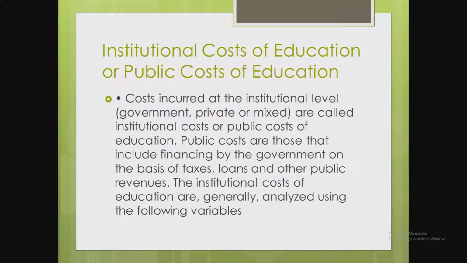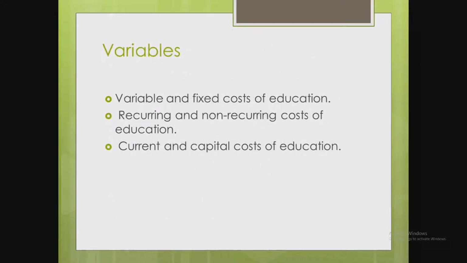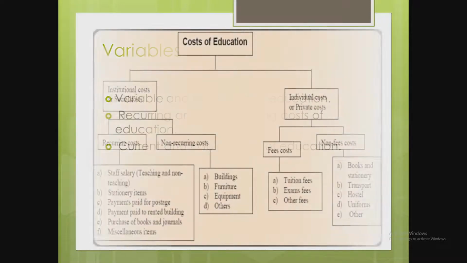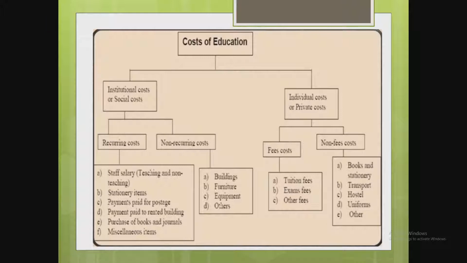The institutional costs of education are generally analyzed using the following variables: variable and fixed costs of education, recurring and non-recurring costs of education, current and capital costs of education. As you can see, this is the cost of education. You can see the institutional costs, social costs, individual costs, or private costs.